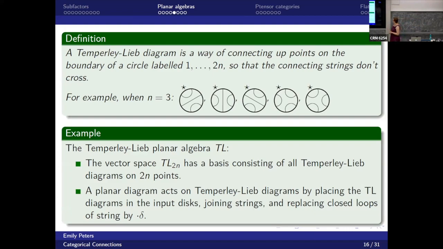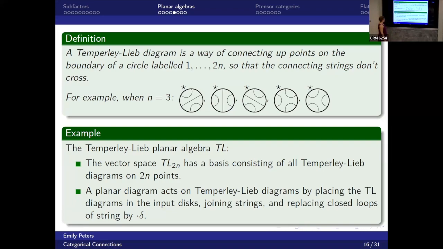Okay, so for this, basically it's like a planar algebra, but we have no input disks. So we connect up points on the boundary. A TL N diagram has 2N endpoints. So here are all the diagrams with 6 boundary points.